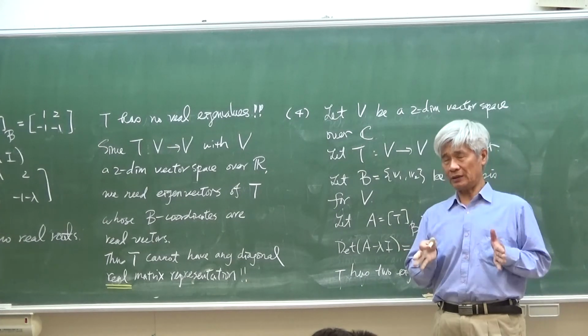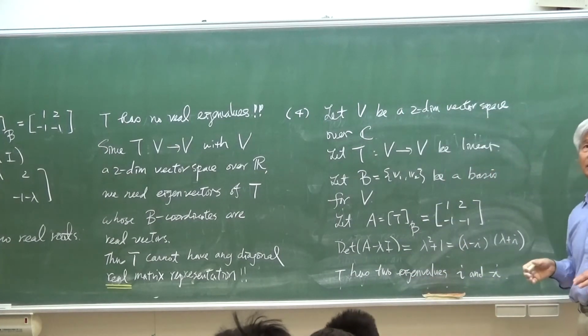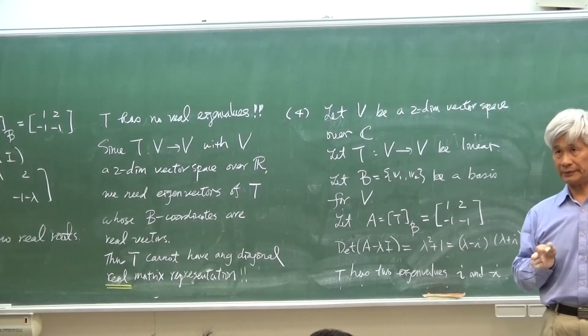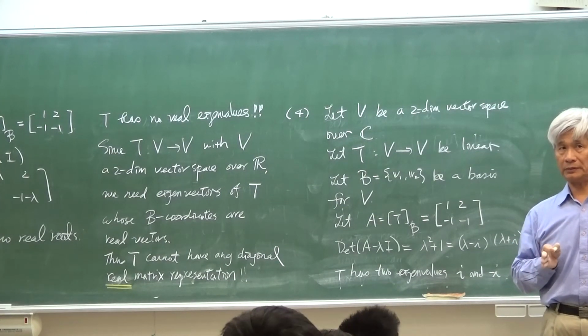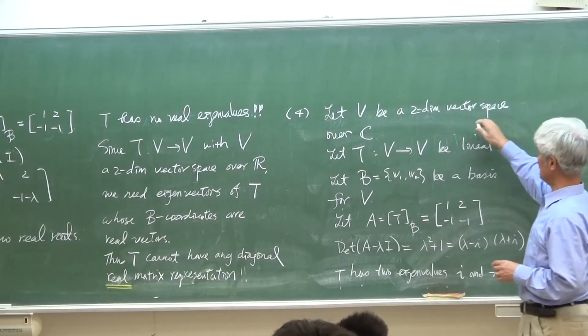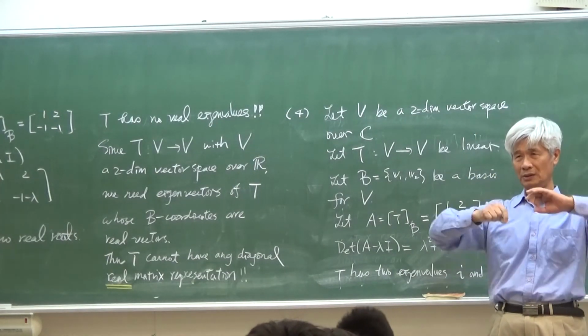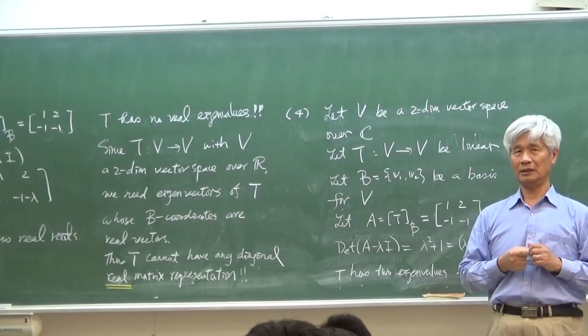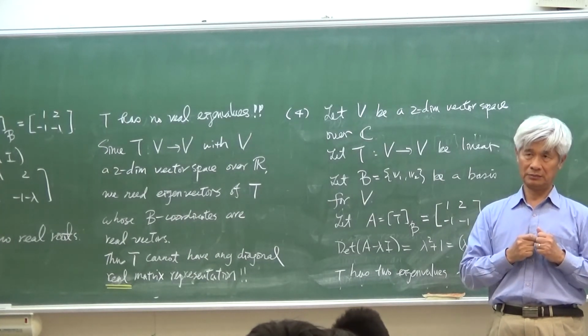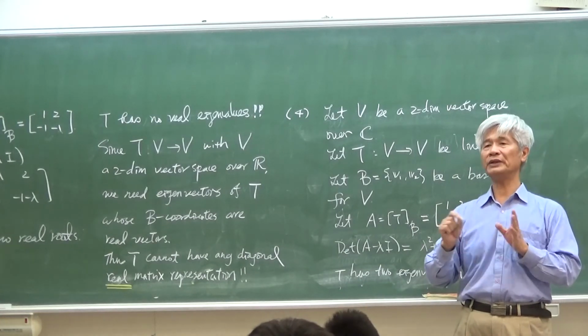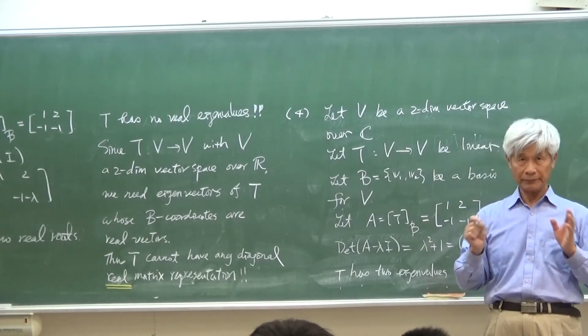So now, before we proceed, for the eigen problem you have to know which scalars you are working on: whether the scalars should be all real, or can be complex.